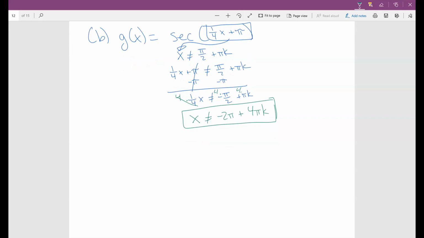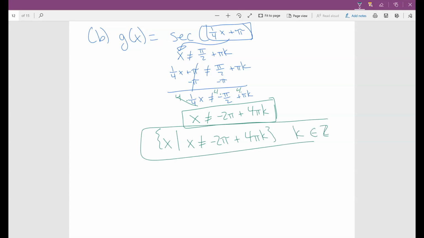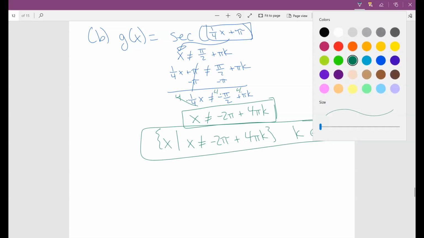So now we're going to write the domain: all values of x such that x is not equal to negative 2 pi plus 4 pi k. And here k is obviously an integer. And now let's just do one more.